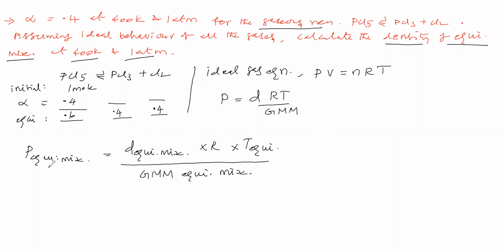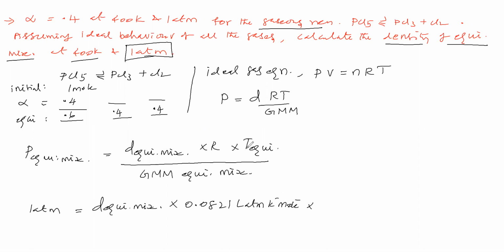Now we will substitute. Pressure of the equilibrium mixture is known, 1 atmosphere. Density of the equilibrium mixture we have to find. Capital R is the universal gas constant, 0.0821 liter atmosphere per Kelvin per mole.